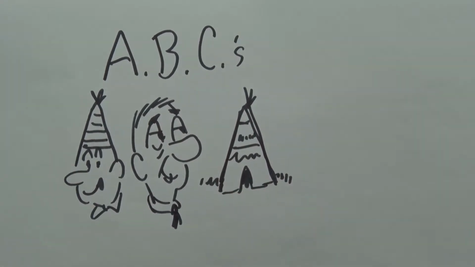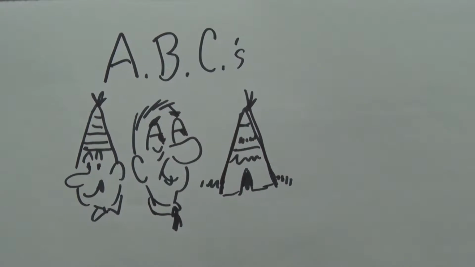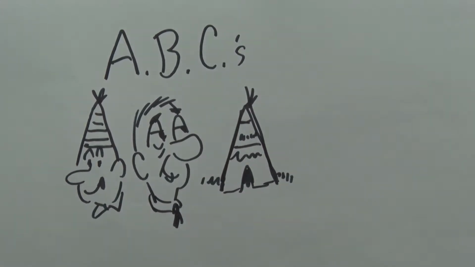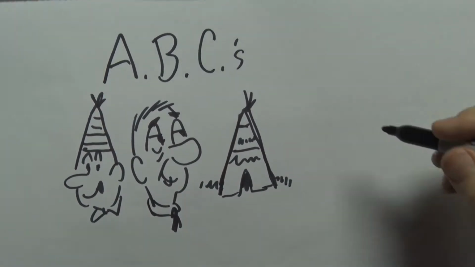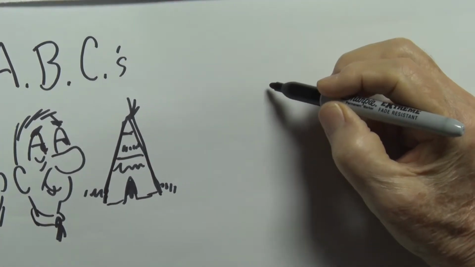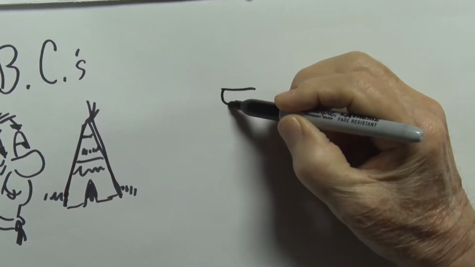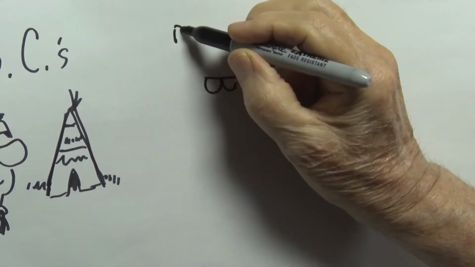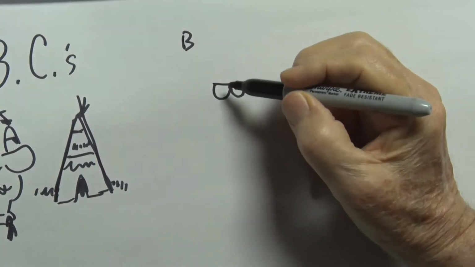B is not among the easier ones. We can start out with, let's see, we could put a B down on its side, you see. So like you turn it over.